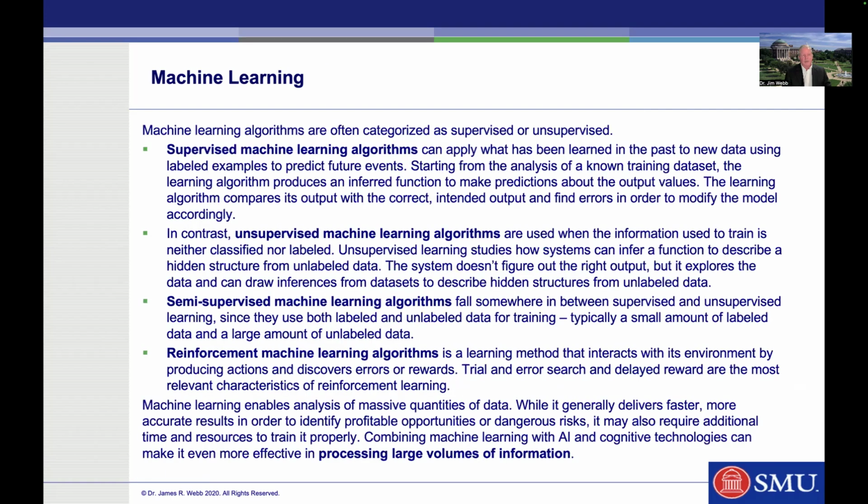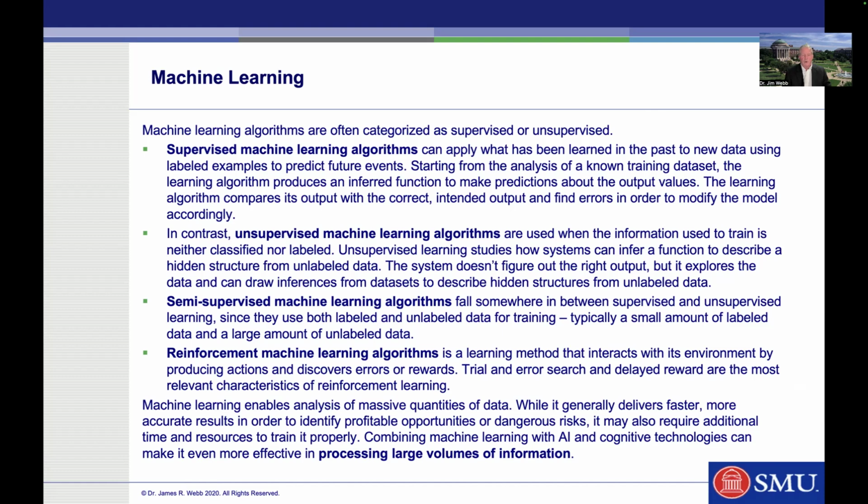Machine learning. So we just talked about these. Supervised machine learning applies what you've learned in the past to new data that's being fed in. In contrast, with unsupervised machine learning algorithms, the information used to train is neither classified nor labeled. It studies how systems can infer a function to describe a hidden structure in the unlabeled data that we'll be able to get some information out of.